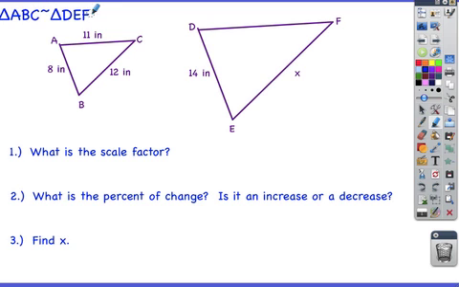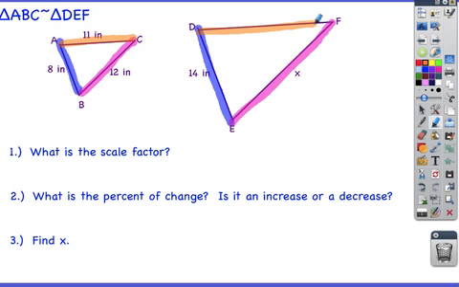A, B are the first 2 letters, so that'll be blue, which corresponds with the first 2 letters in our second triangle, DE. Next, BC, which corresponds with EF. And finally, AC, which corresponds to DF.